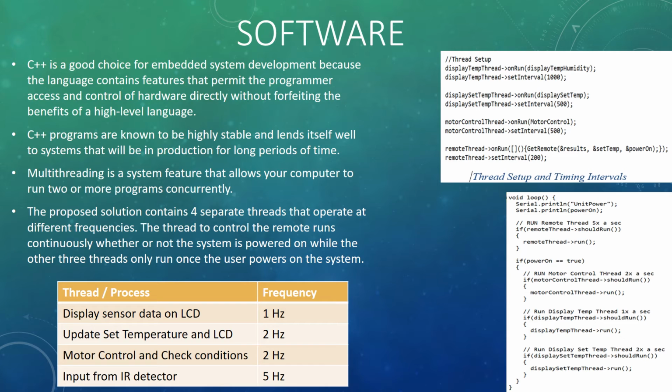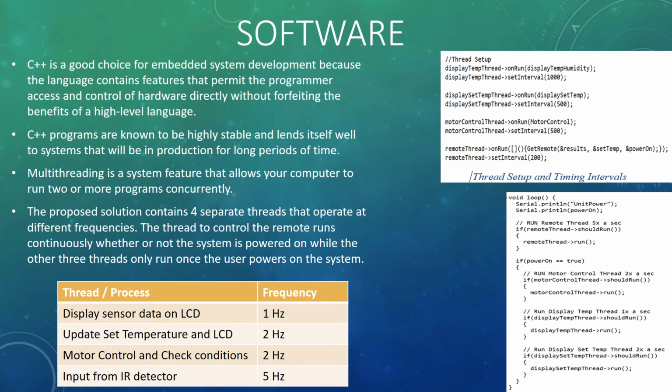Over here we can see the code to set the threads up. For instance, here we're going to run the thread to display the temperature and humidity every 100 microseconds, and the motor control thread every 500 microseconds, and the thread to get the remote input every 200 microseconds, which is equal to 5 megahertz.